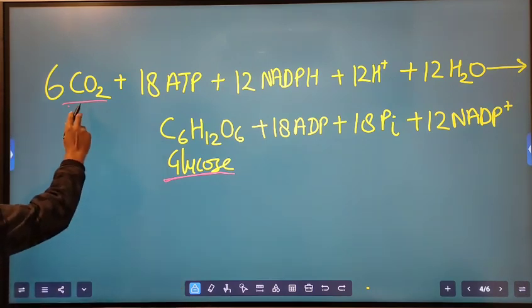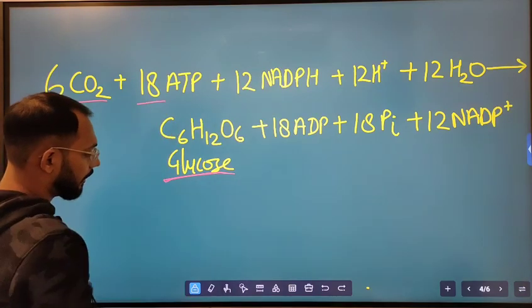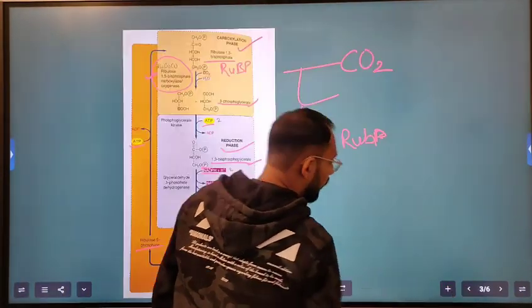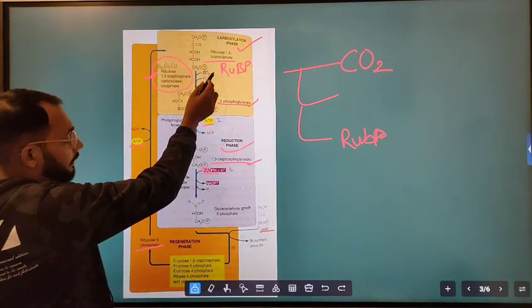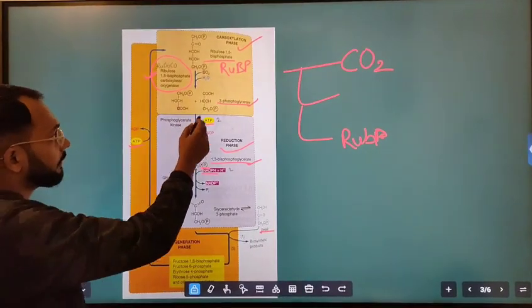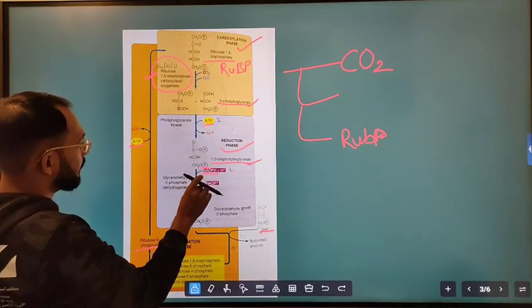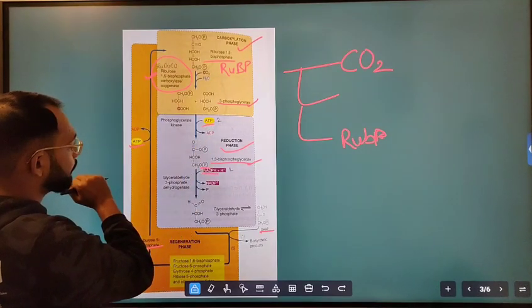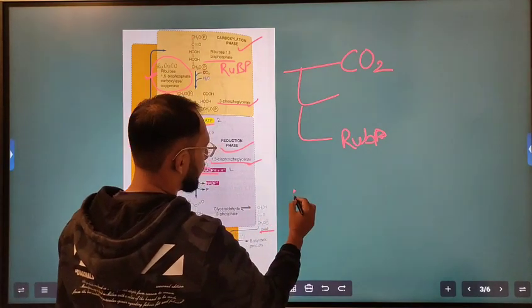So 6 carbon dioxide and 18 ATP. See, if in this cycle 1 carbon dioxide is incorporated, we can see for 1 carbon dioxide, two ATP molecules here and one ATP molecule here.